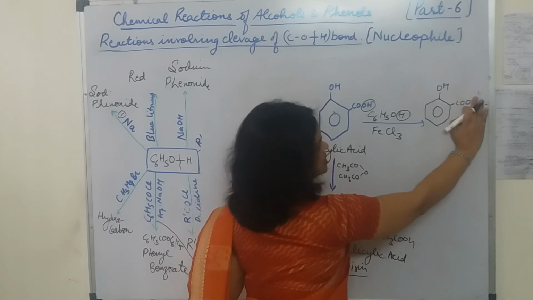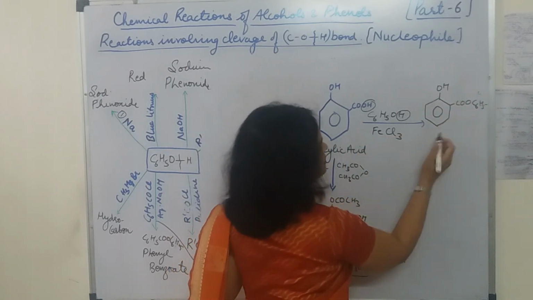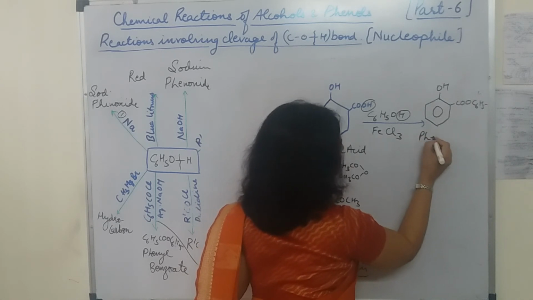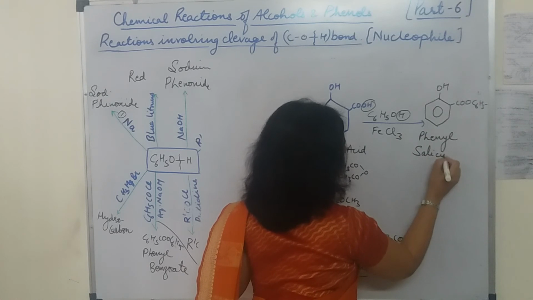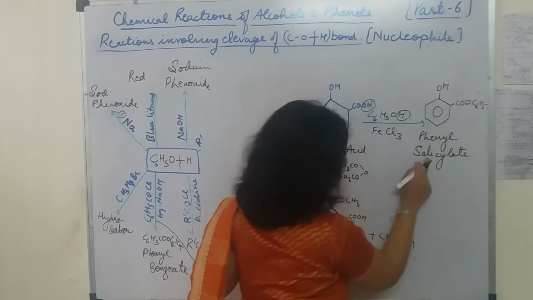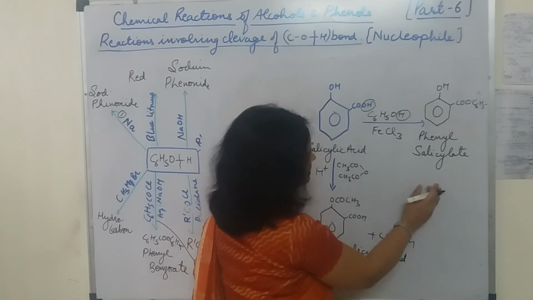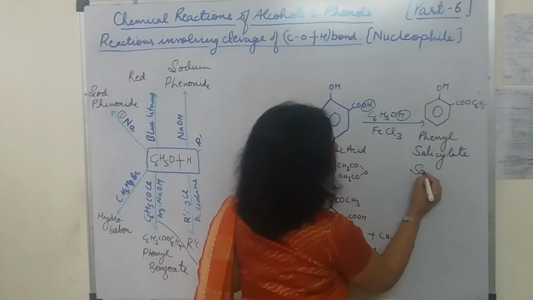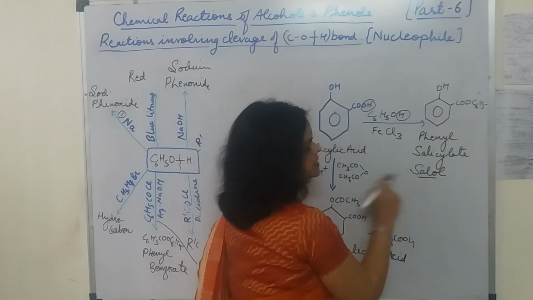Suppose if H is there, then its name is salicylic acid, and if it is replaced by phenyl, that is phenyl salicylate. Okay, this is phenyl salicylate. Now, this phenyl salicylate is also called Salol. Commercial name is Salol. It is used as an antiseptic.